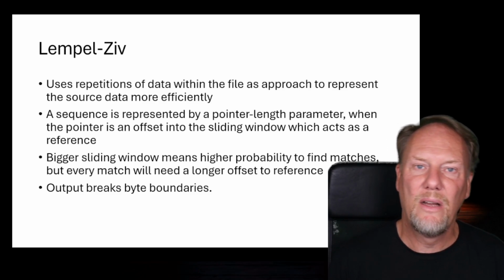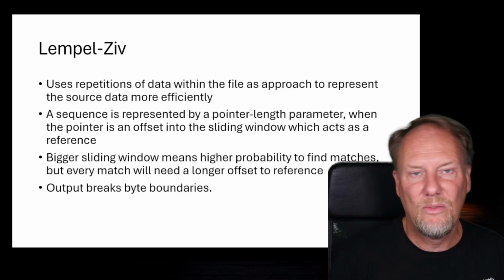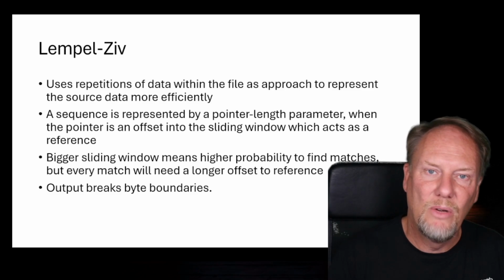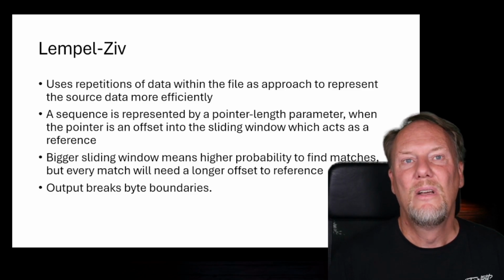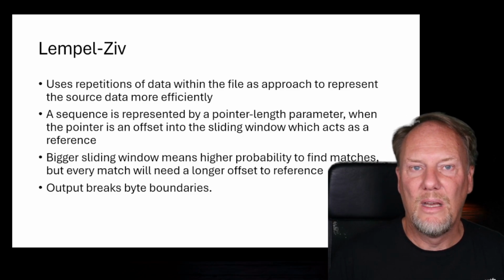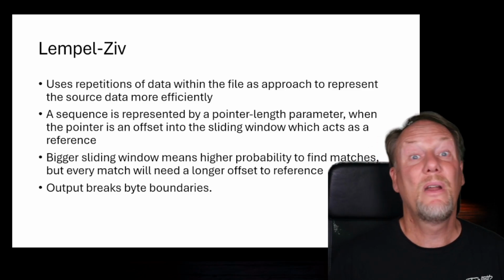But on the other hand, since the reference is growing, all the cases where you find matches would also increase in size. So you are gaining less with each of the references you are making. But since you possibly find more, you could win it back, but it's not sure.